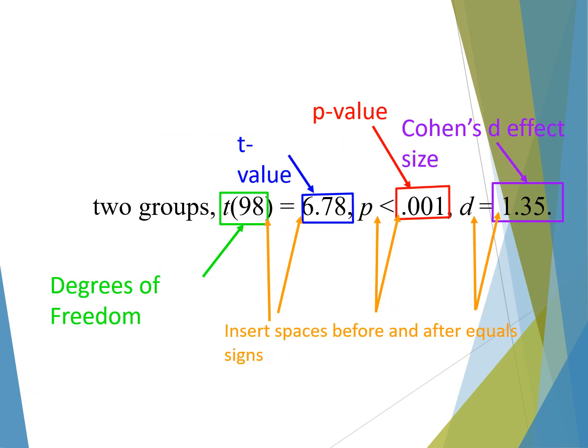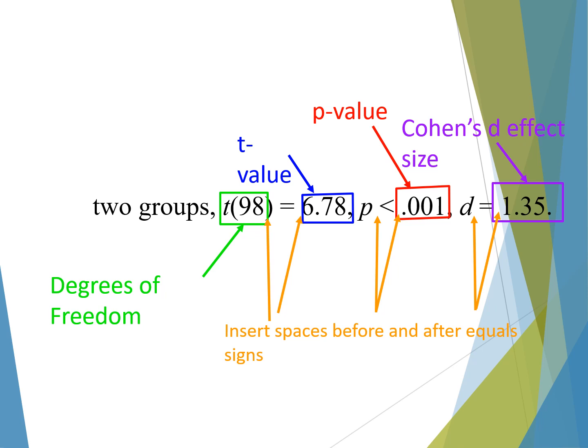Just some specific notes on formatting your statistics. In this format, the statistics are part of the sentence, but you put a comma before you start reporting on them. You need to make sure to include your degrees of freedom with your t-value. Again, note that there are spaces before and after the equal sign and the greater than or less than.